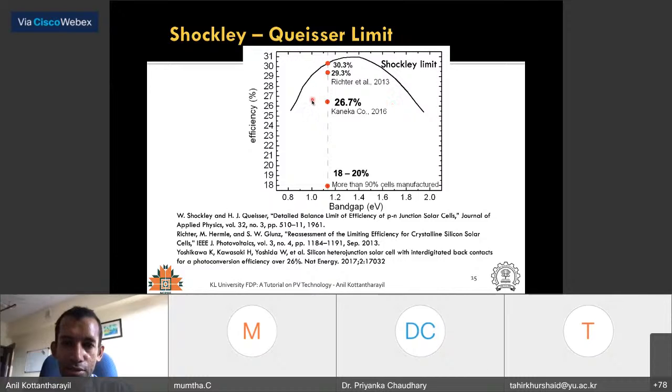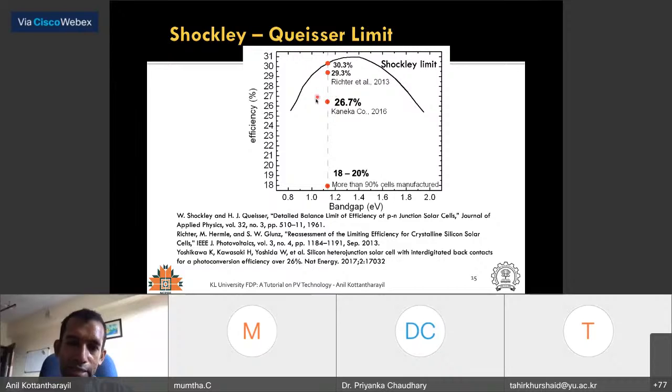This was done by a company called Kaneka in 2016, and they demonstrated 26.7% conversion efficiency. You can see now what the most widely manufactured solar cells in the market are. It's in the range of 18 to 20%.